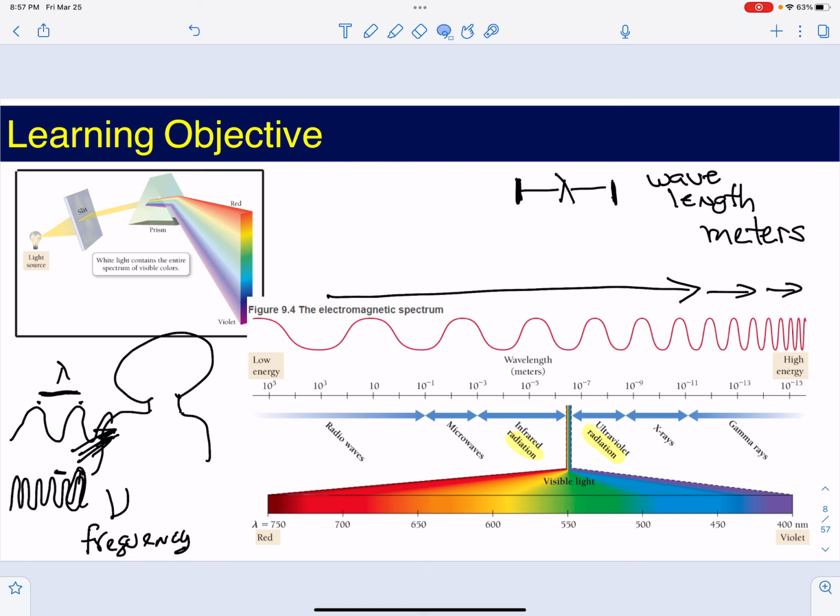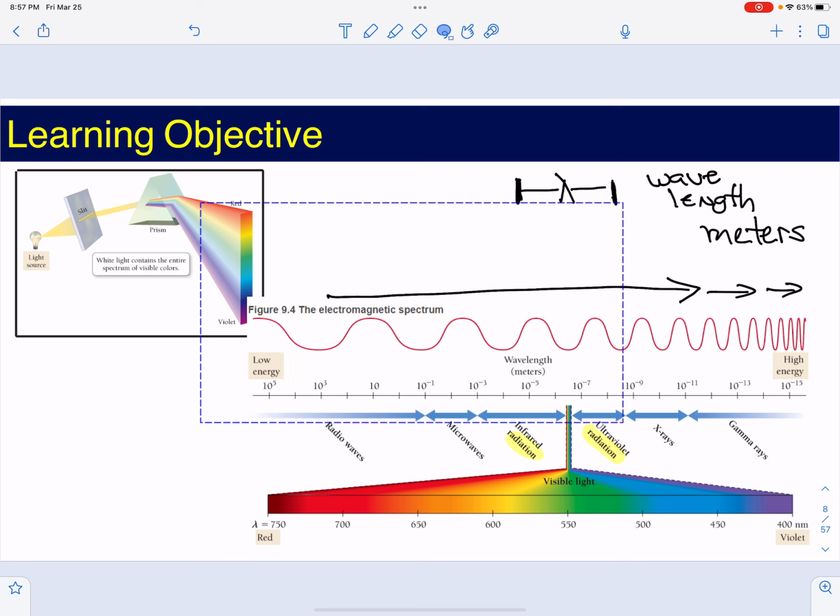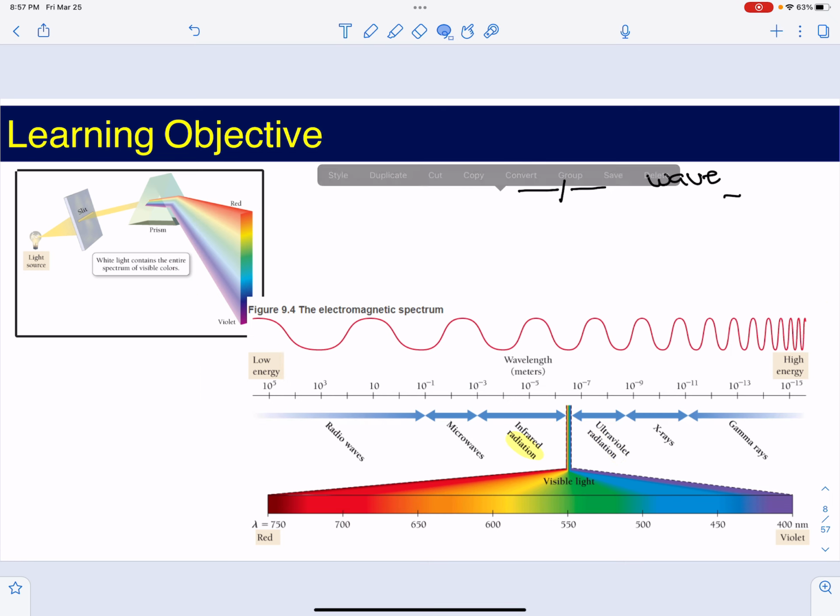So what I'm trying to say is, when we look at the electromagnetic spectrum, for example, radio waves are going to have a long wavelength, and because the peaks are so far from each other, they're not going to hit you as fast as, for example, gamma rays, where the peaks are closer together, so they're going to hit you faster. So the gamma rays are going to hit you with more energy than the radio waves.